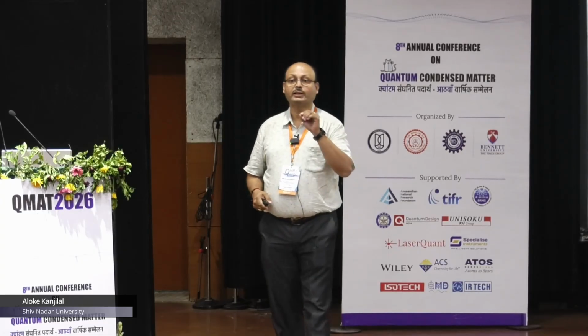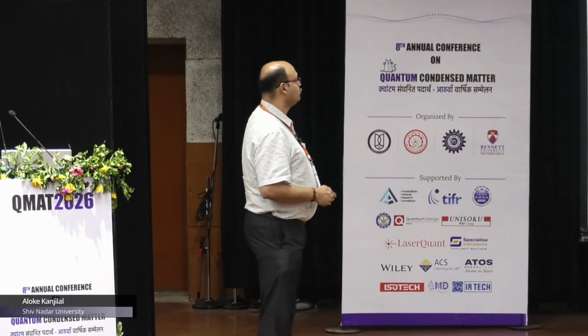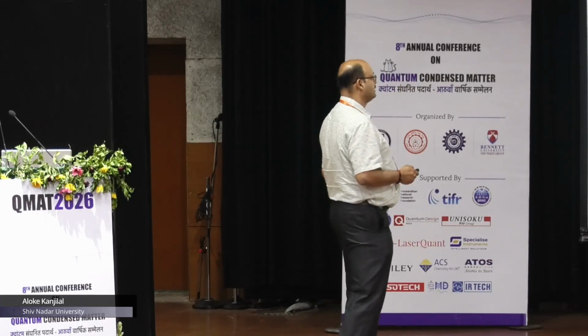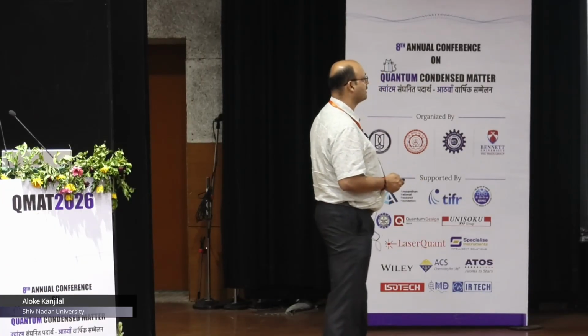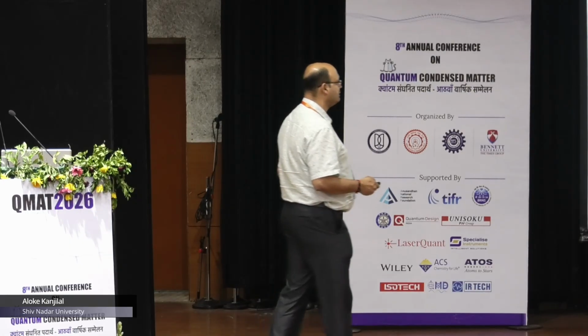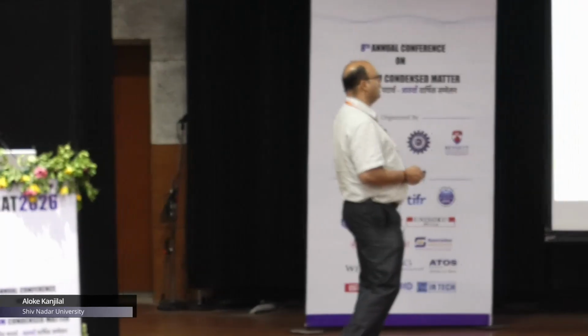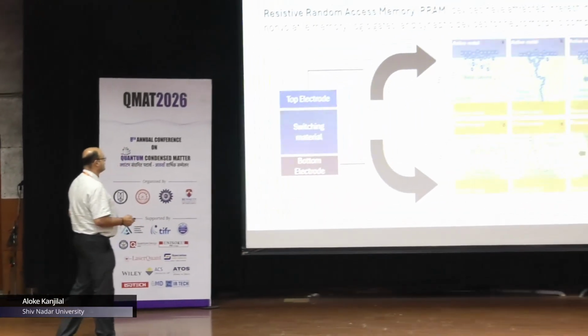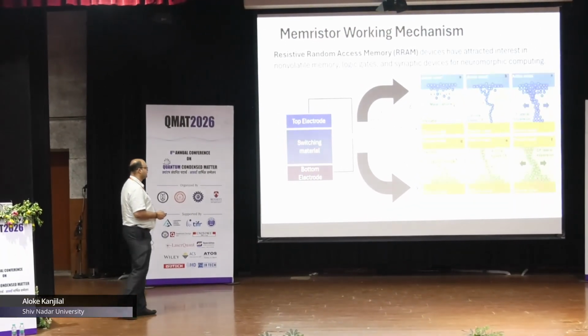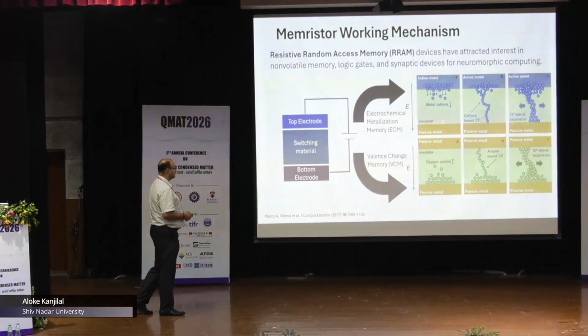That means it becomes a conducting state through which current flows. When the potential is reversed, some of the cations return back and the device becomes insulating again, because it is a metal oxide. So in one case it is conducting, and on the other side it is insulating.